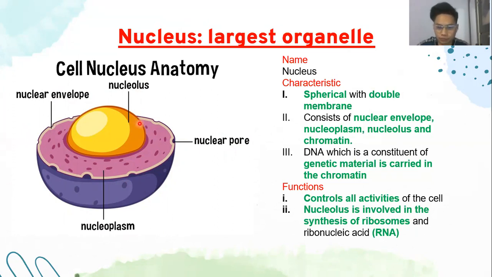In the nucleus, DNA, which is the genetic material, is carried in the chromatin. The function is to control all activities of the cell, and the nucleolus is involved in the synthesis of ribosomes and ribonucleic acid, which is RNA.